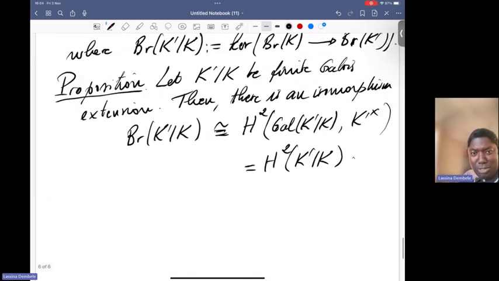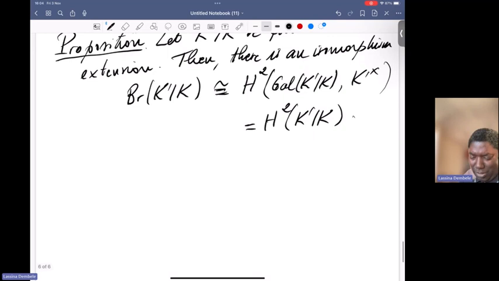As a consequence of this proposition, you get this key theorem that we are going to need.